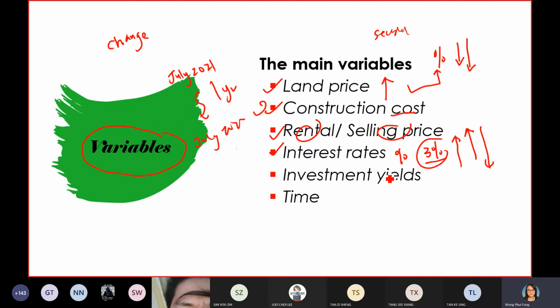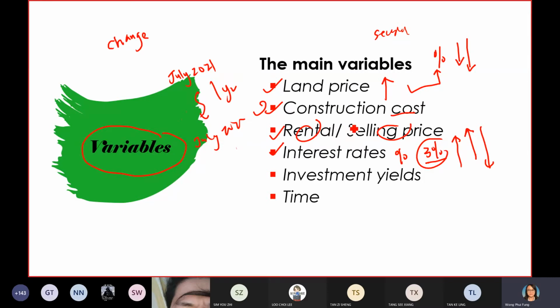So that's why after this chapter, you are going to learn development risk, because we know that all these are estimate only, that you actually assume based on current situation and you try to forecast the future. So all these variables are subject to change.